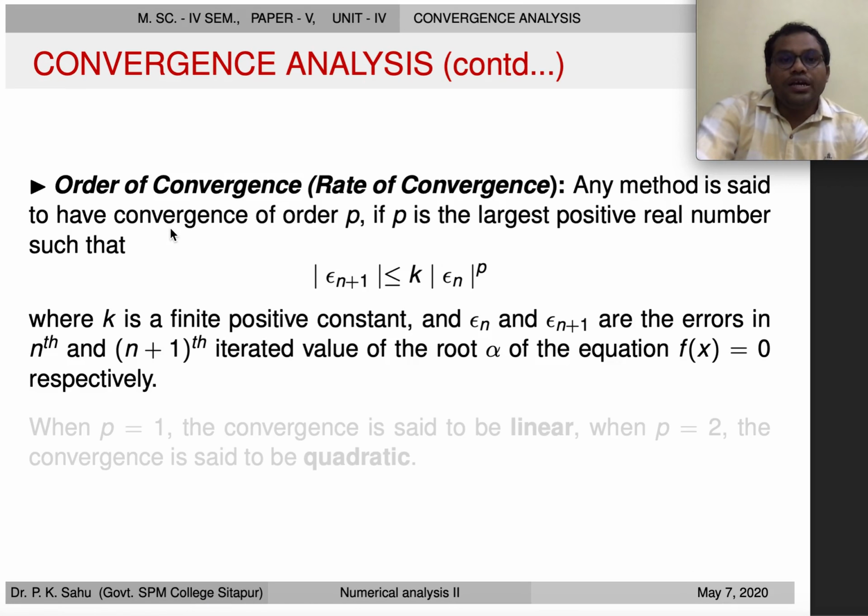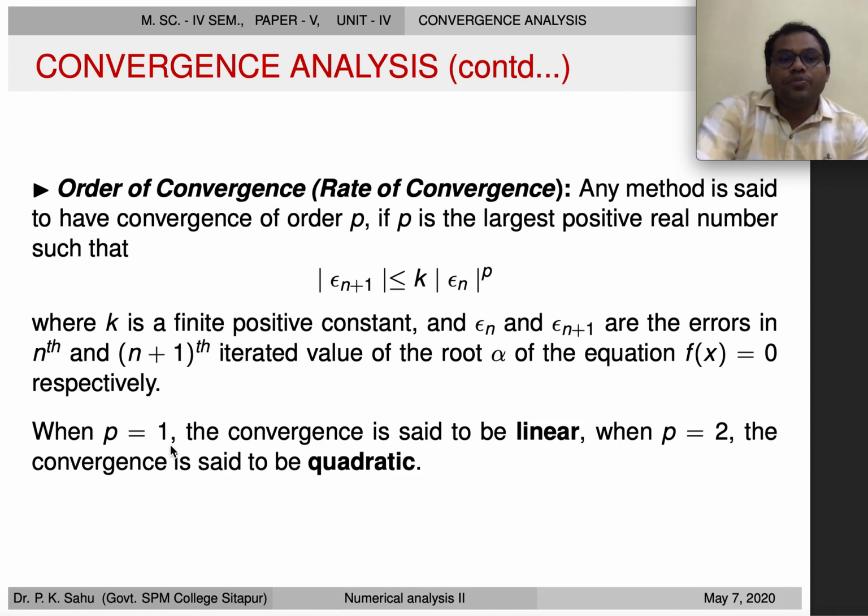Now, if p is the largest positive real number such that error at the (n+1)th approximation is less than or equal to k times error at the nth approximation to the power p, then we say that the given numerical method has order of convergence p, and here k is known as the asymptotic error constant. Now, if we obtain p equal to 1, then convergence is said to be linear. If we have p equal to 2, then convergence is quadratic.